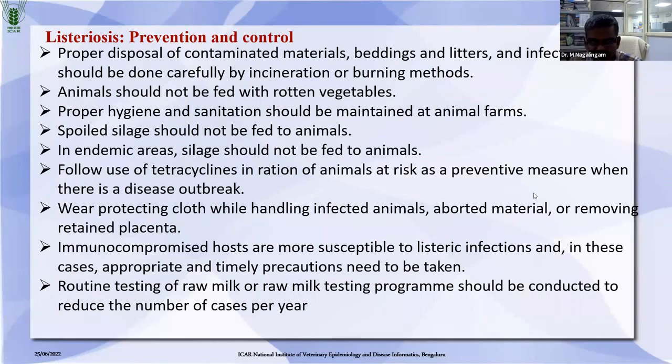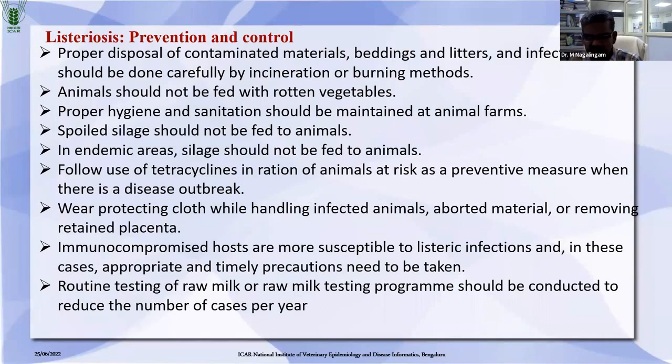In case of handling abortive materials, we have to be very careful, not only for Listeria but for any abortion causing agent. We need to use protective clothing, masks and other things, so that zoonotic transmission can be curtailed.